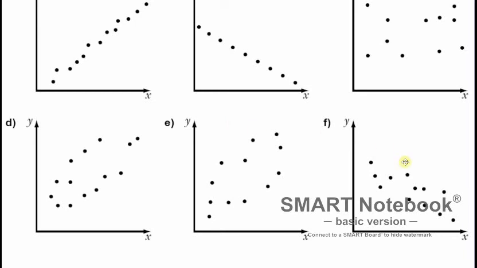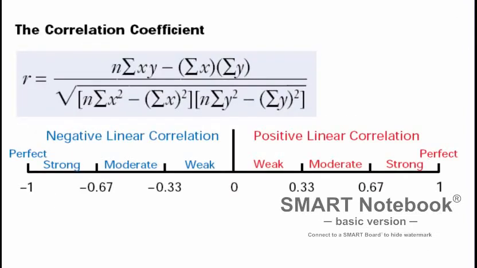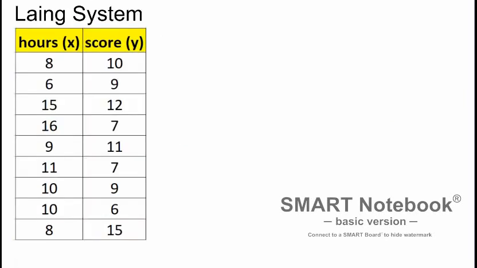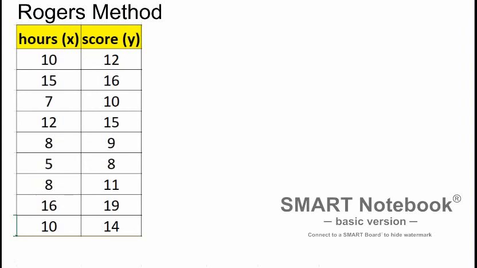And finally, this last one, F, also a little bit subjective. Is it showing strong negative correlation or moderate negative correlation? Kind of hard to tell. And again, that's what this correlation coefficient formula is all about. So let's get into it. Let's actually do this for the Rogers method and the Lang system, and we'll show how the number crunching goes.